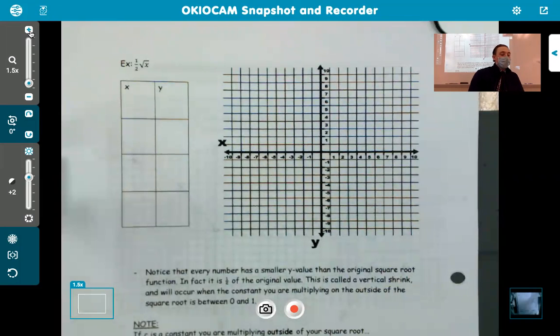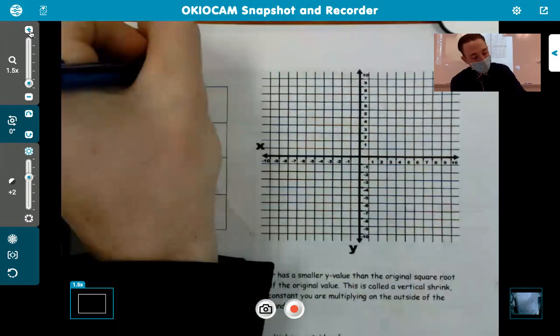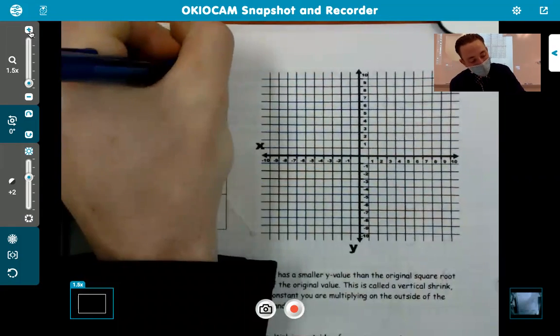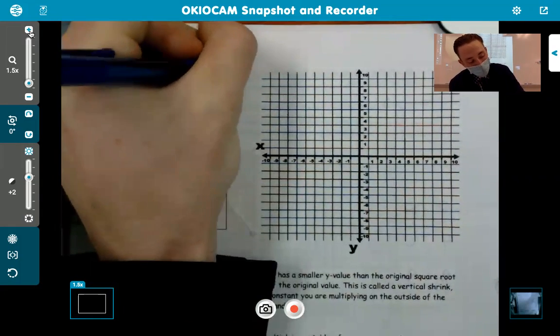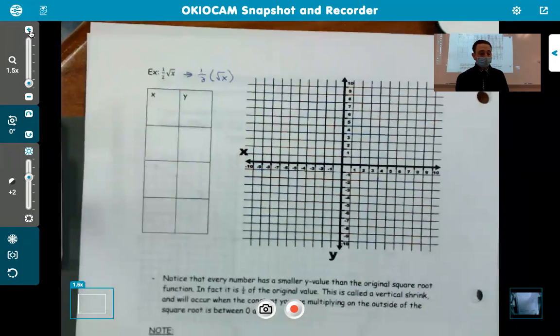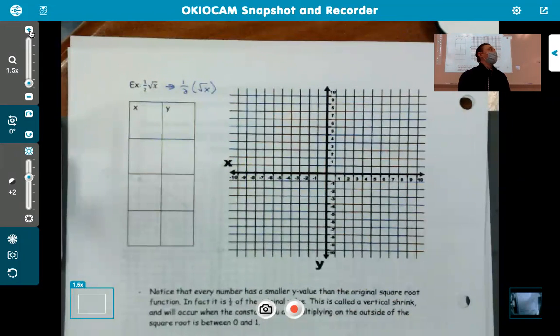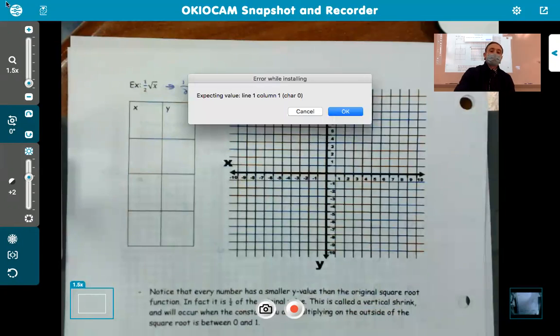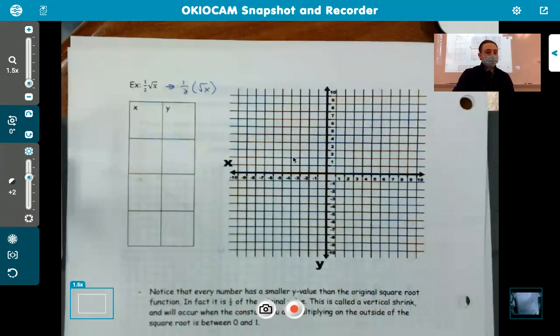In this example, I have 1/2 square root of x. Again, we need to make sure that we know that's 1/2, and we're taking care of the square root by itself. And because I'm doing the square root by itself and there's nothing really interfering with that on the inside, what x values should I choose to plug in? 0, 4, 9, or 0, 1, and 4, whatever has a perfect square, right?